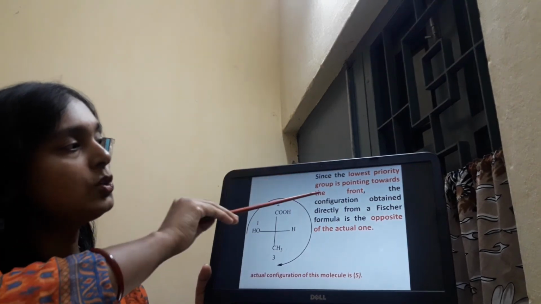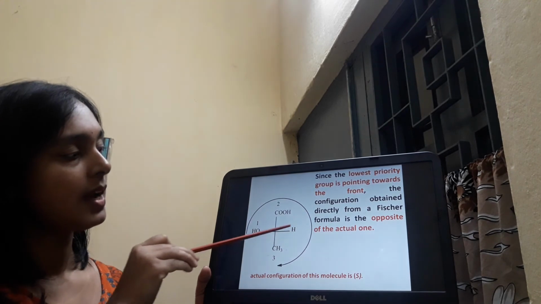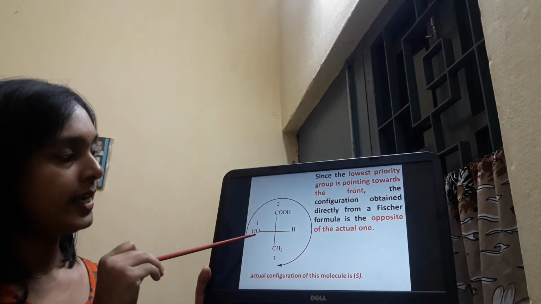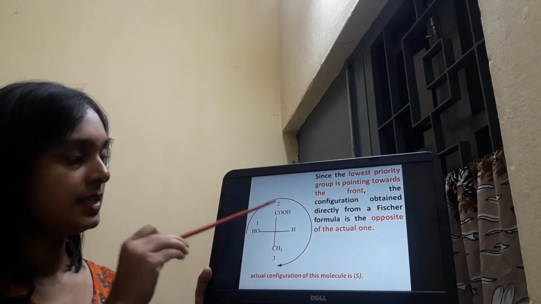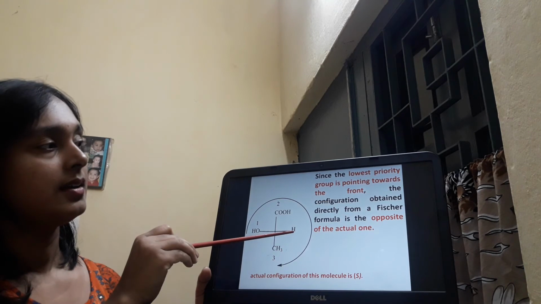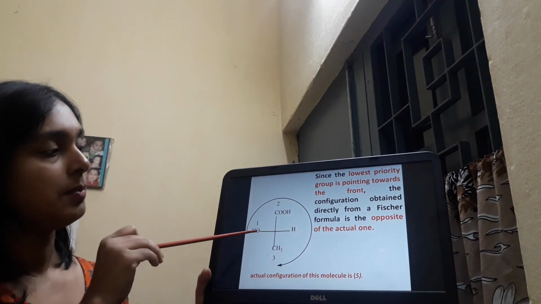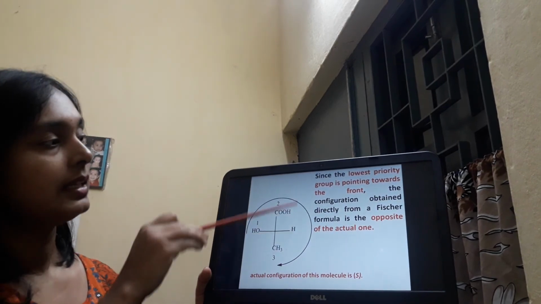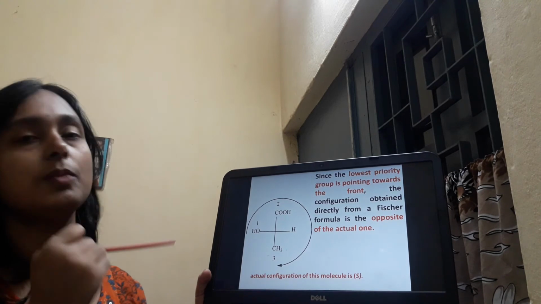Since the lowest priority group is pointing towards the front, here the lowest priority group is hydrogen. OH will be 1, COOH will be second priority, third one will be CH3 and hydrogen will be fourth. This group is pointing towards the front as it is attached to a horizontal line. The configuration obtained directly from a Fischer formula is the opposite of the actual one.